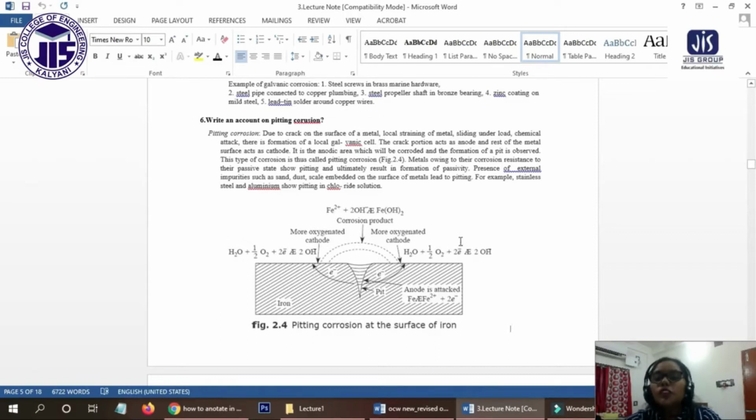The surface which is open to air has a higher amount of oxygen, and the surface below the water droplet has a lower amount of oxygen. So the same metal surface has a difference in oxygen concentration, and this causes the corrosion. This type of corrosion is called pitting corrosion.